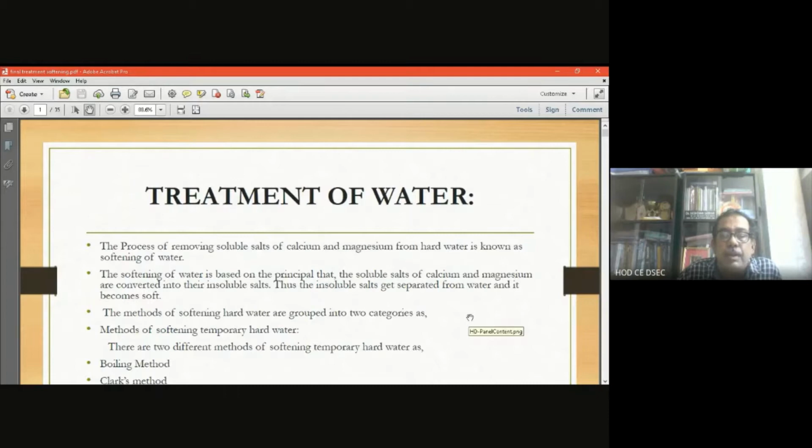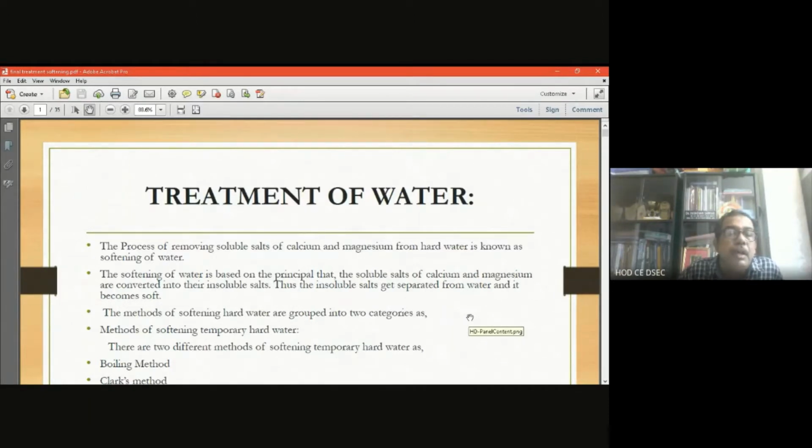Basically, the presence of the soluble salts of calcium and magnesium ions is responsible, and if we make these soluble salts insoluble, that means if we make the precipitation of the salts, then only we can tell it is free from hardness. So we can tell that this is a softening process.